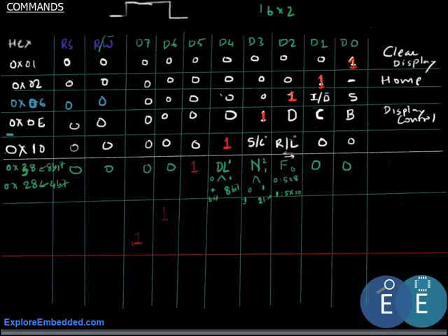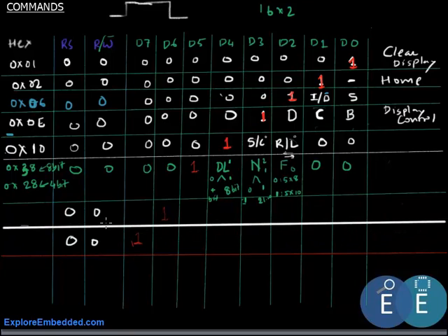That means we'll be sending commands with this particular combination, so this will be 0, 0 and 0, 1. These are again two important ones, but the important point to note here is this particular command sets the address for CGRAM. So this is used only when we are displaying custom characters, which we are not doing in this beginner or basic video. So for the next video you could see the combinations with this command.